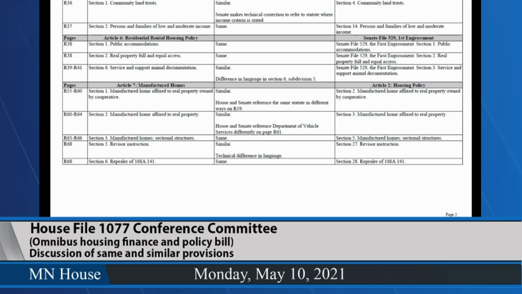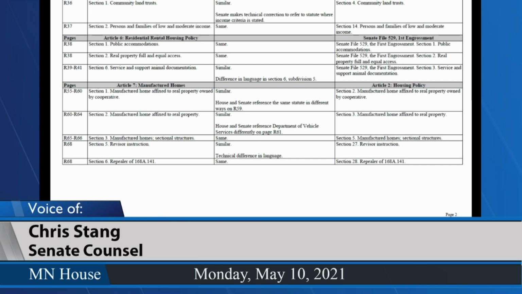Ms. Mullen or Mr. Stang? Senator Pratt and members, we're only adopting the paragraph B on the 168A.141. The conference has not taken action on the other, and it's still alive as far as I know. So I think an appropriate motion has been made here.